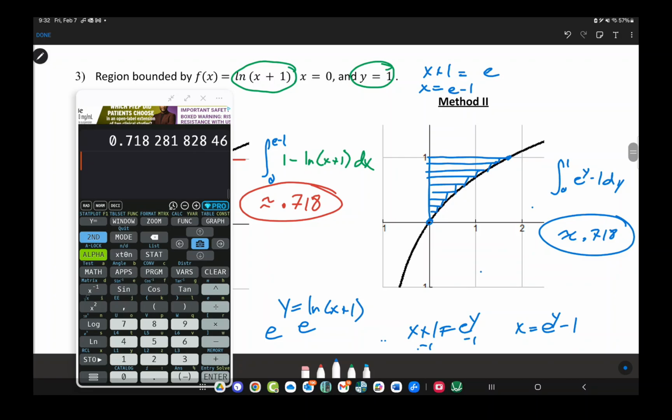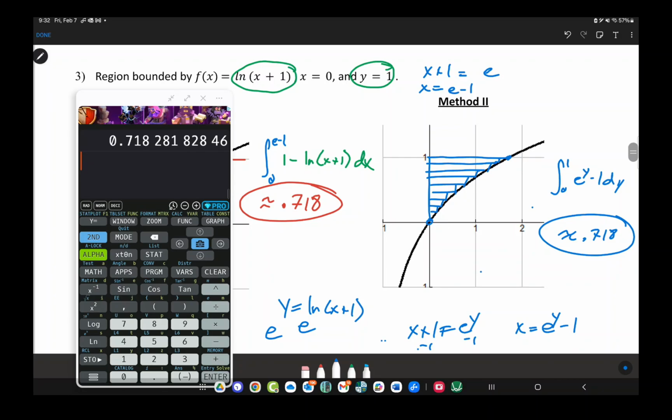So there are some cases in which it is easier to put your function in terms of y. Because I didn't have to find the bounds in this case. It was hard to think about finding the bounds because most people will probably just go to the calculator and see where the intersect is, which is what we did yesterday when we had to find arc length.